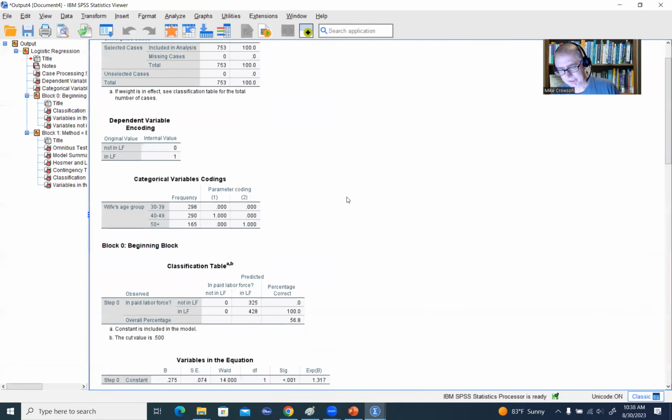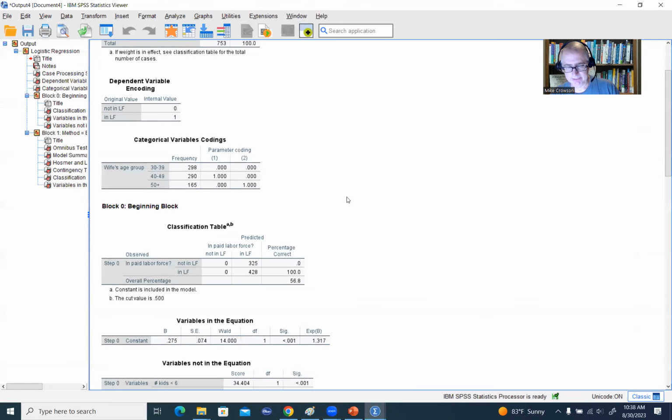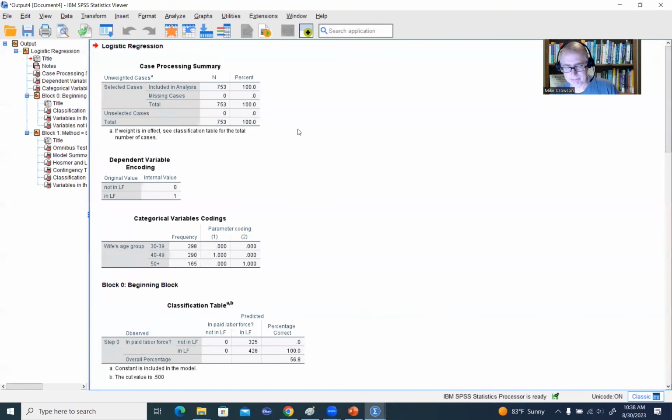In my previous video, I talked about some of this early stuff in the output. The first part of the output is just some general model information. You'll notice down here, it's got the categorical variable codings, and you'll see the first dummy variable represented and the second one represented.